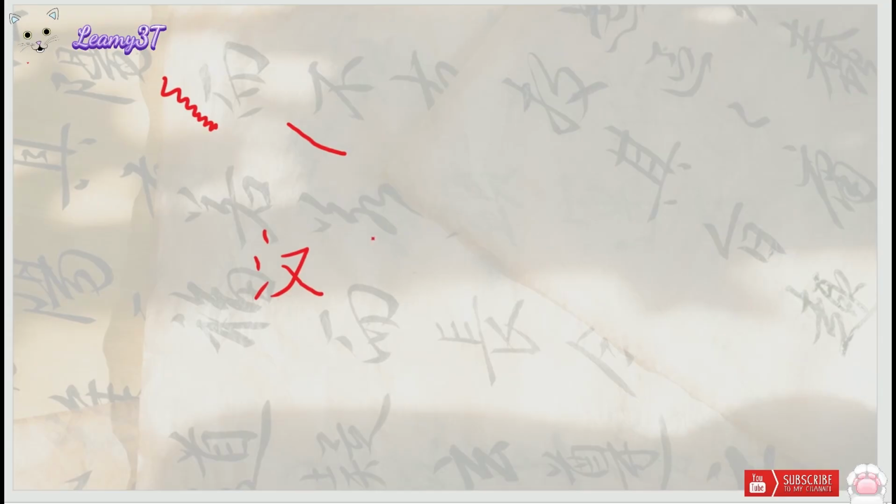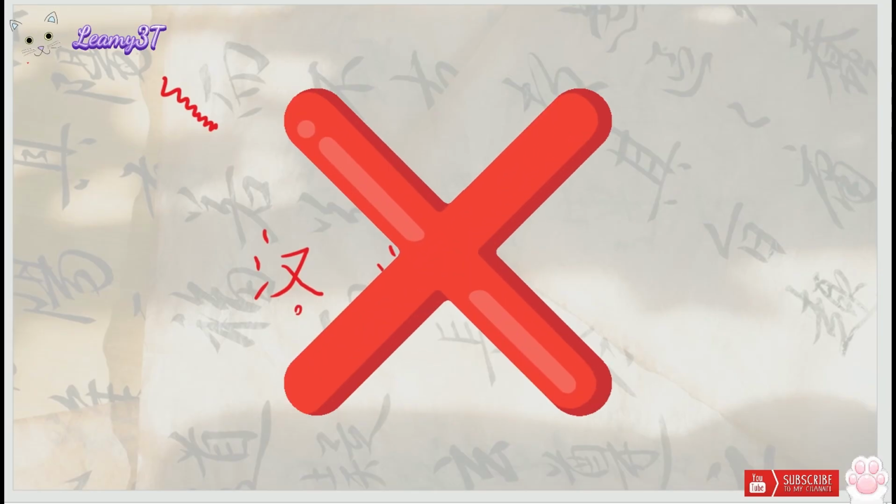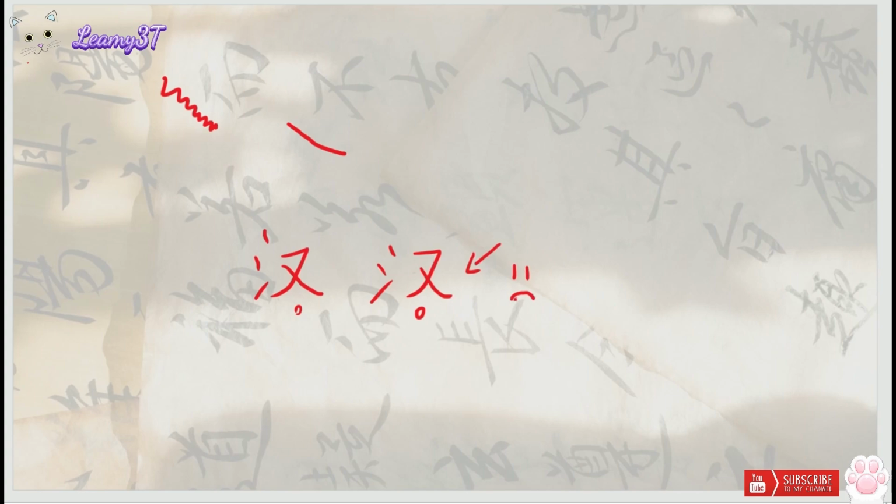But some people, they do like this. Okay, looks like you're getting the same results, right? But actually, you shouldn't write like this. So sometimes, although it is possible to get the correct result without following the correct stroke order, the process would seem quite foolish, so please make sure not to do this.